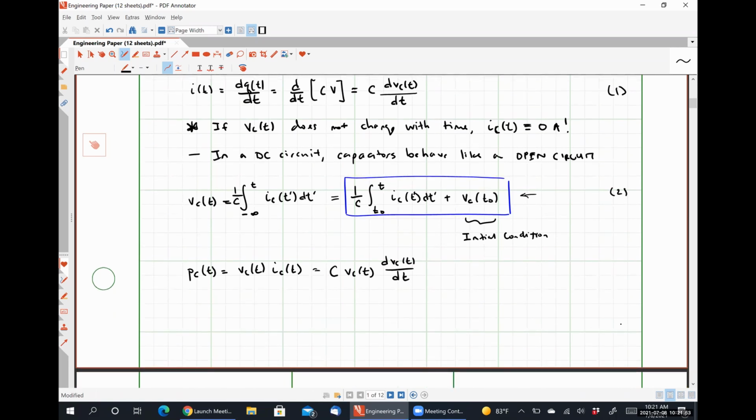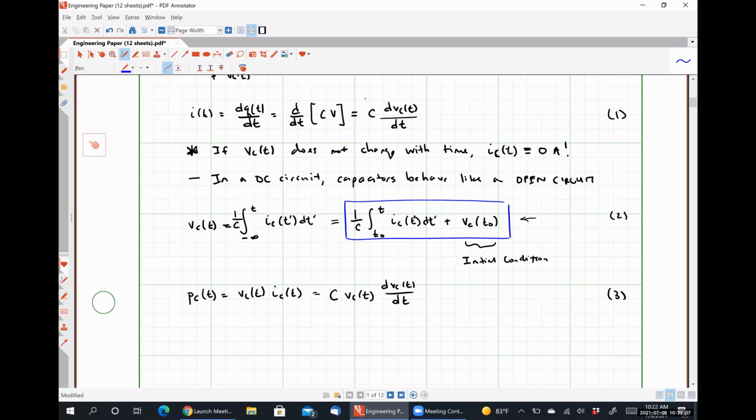Since we have a mathematical description of power, we can then also determine energy. Let's call this equation 3. Actually, I'm going to go up and box the important equations here. So this one was an important equation. This one.